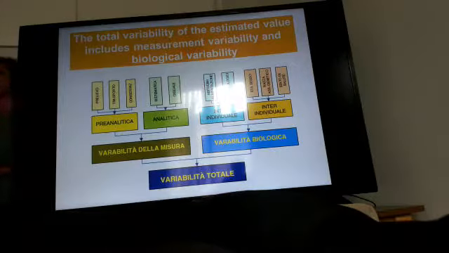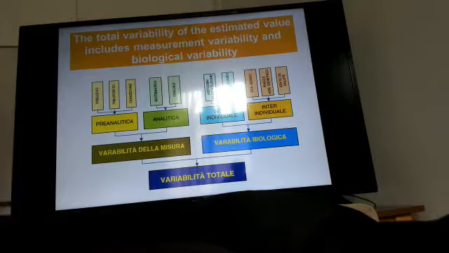Why am I talking about this? Because when you have laboratory data, you want to be sure that this data is true and represents something that is occurring. And you would like to be sure that if I take now 3 tubes of blood from the same person and measure these 3 tubes, the same biomarker, I want to have the same results.